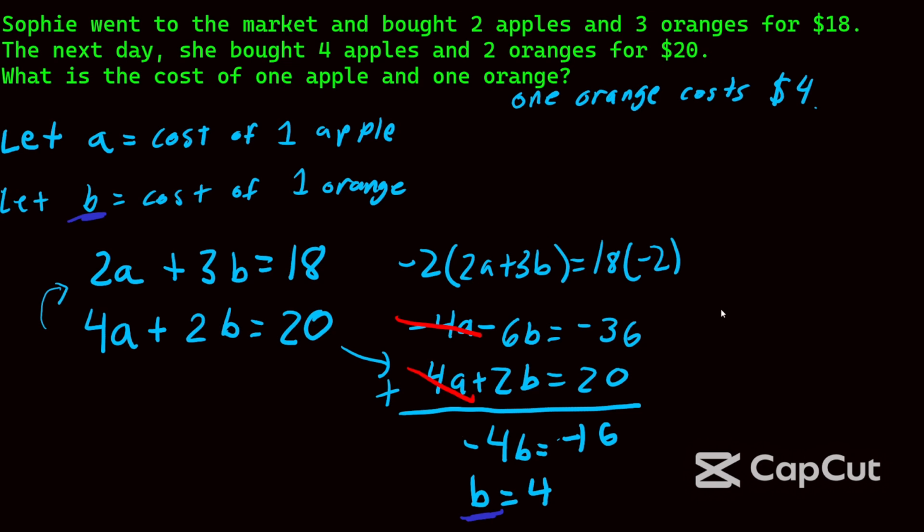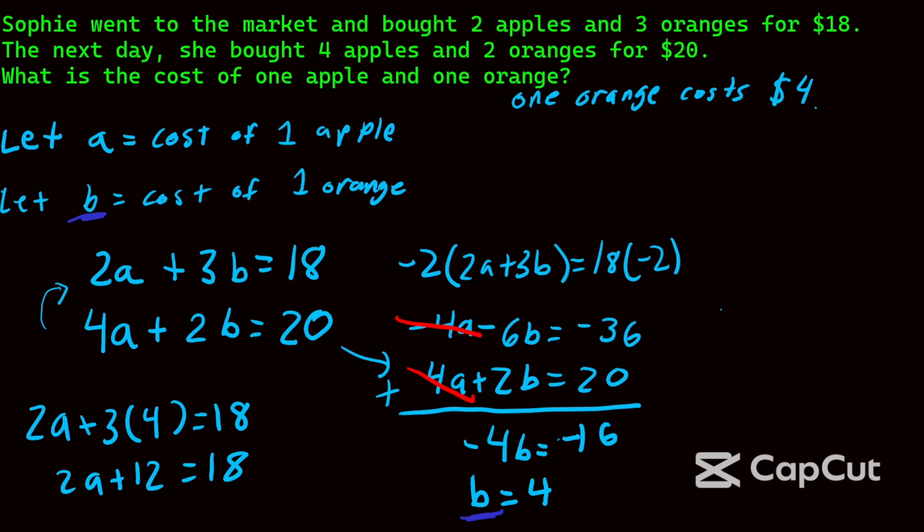Okay, now how do we get the cost of an apple? All we have to do is just plug that back into here or here, whichever one. It doesn't matter. I'm just gonna plug it into the top one just cause. So 2a plus 3b, b is 4, equals 18. 2a plus 12 equals 18. 2a equals 6.